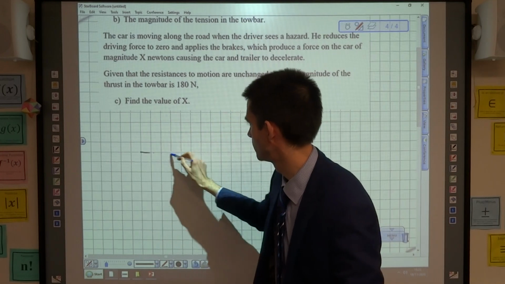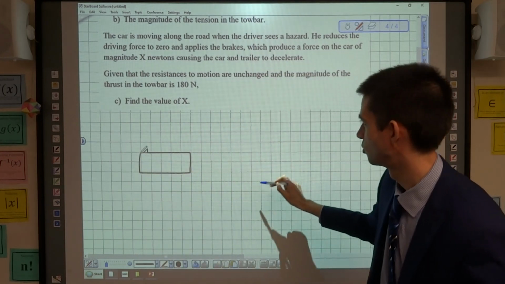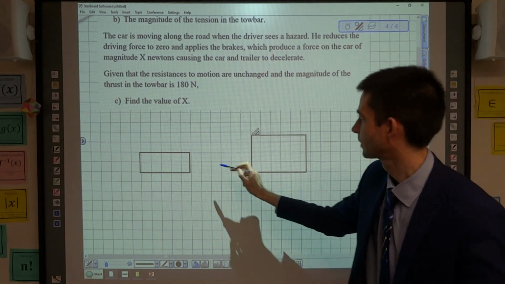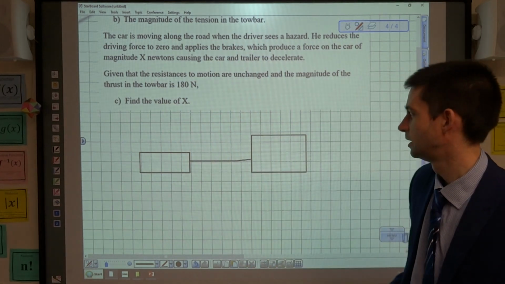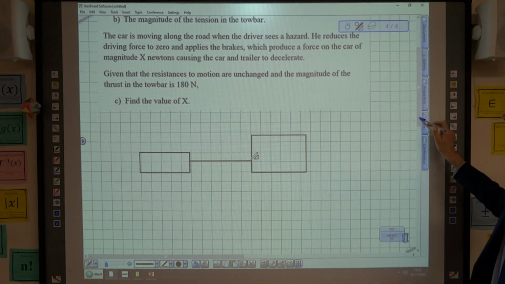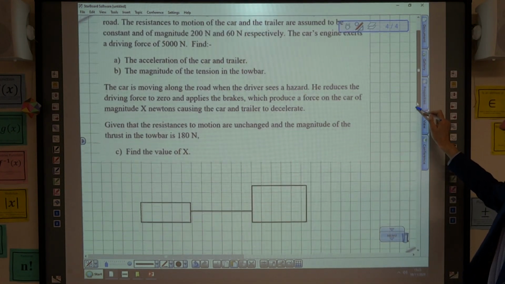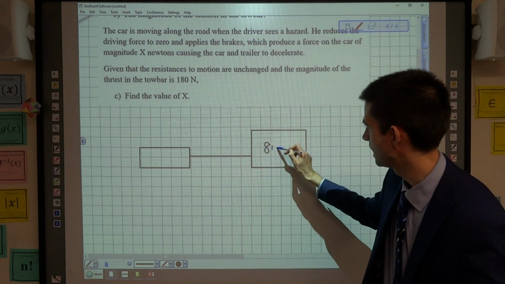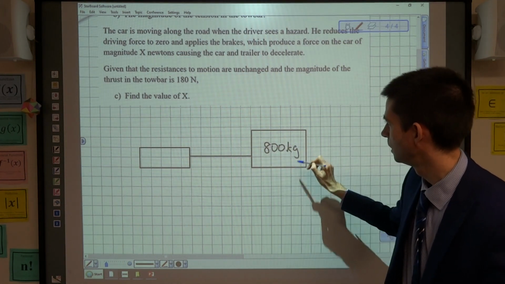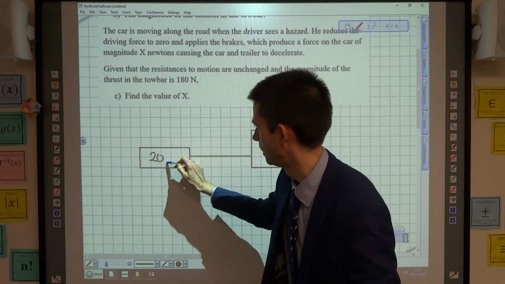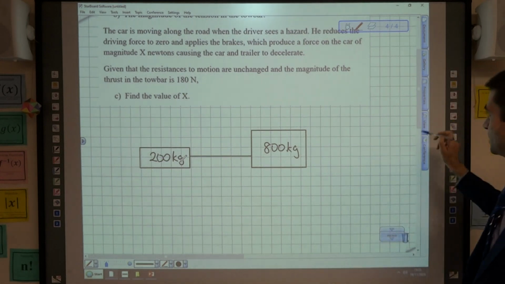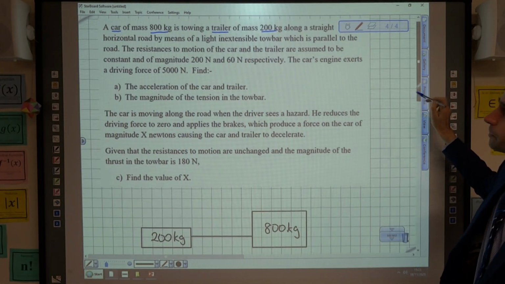So we've got a trailer and we've got a car connected by a tow bar, and the mass of the car was 800 kilograms and the mass of the trailer was 200 kilograms. So I'm just going to write 800 kilograms in here and 200 kilograms in here to denote those masses of the car and the trailer.